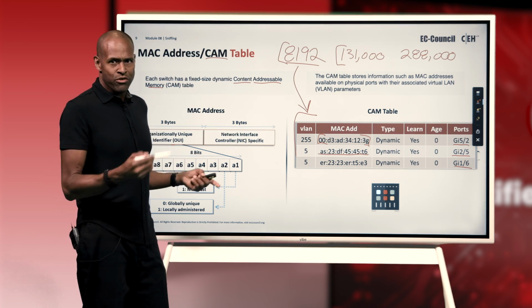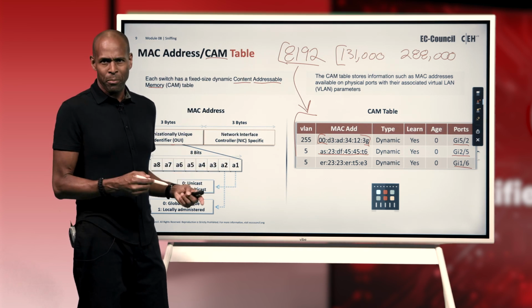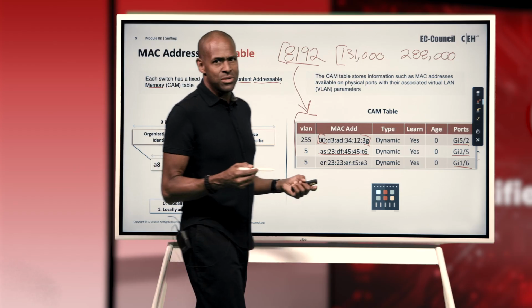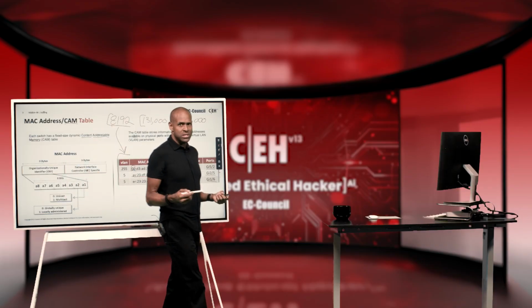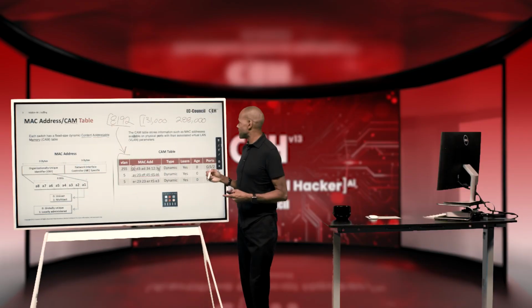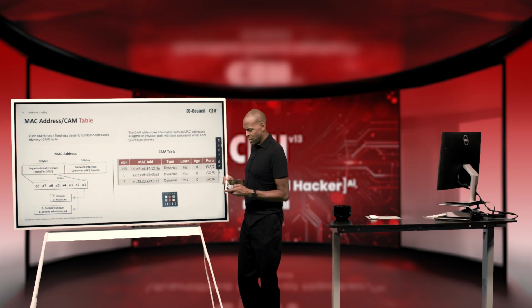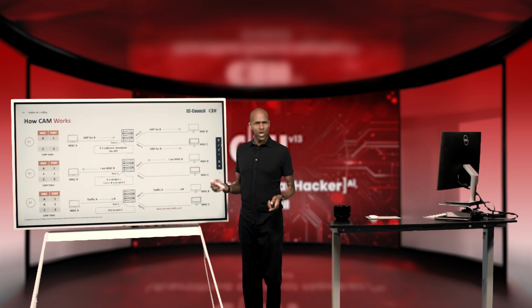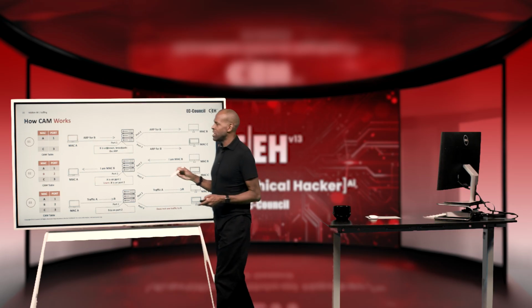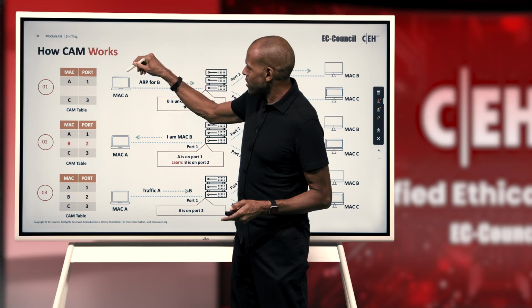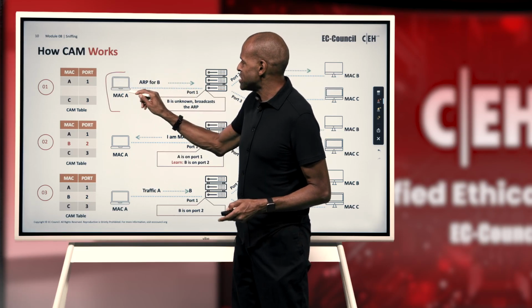And then other entries over time. I mean, how often are people plugging new devices into that switch? So you need to know these dynamics, but there's more than that that you need to be aware of. You also need to be aware of how switches learn. So what happens over here is we have a computer, and it has a MAC address of A.